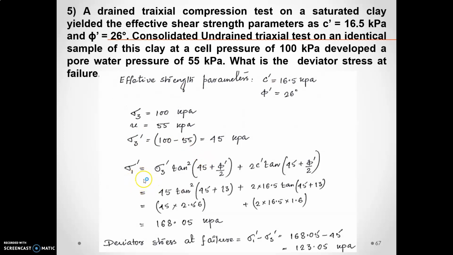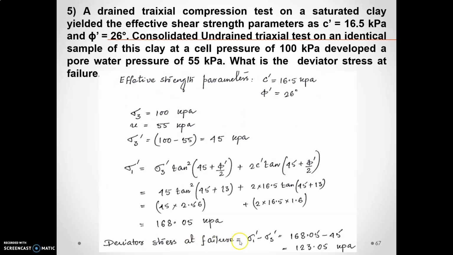Then sigma 1 or sigma 1 dash, this formula you have to remember: sigma 1 or sigma 1 dash is equal to sigma 3 dash tan square alpha plus 2c tan alpha. Alpha is 45 plus phi by 2. Then you have to calculate the deviator stress.